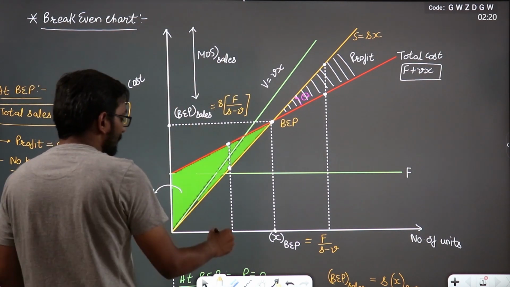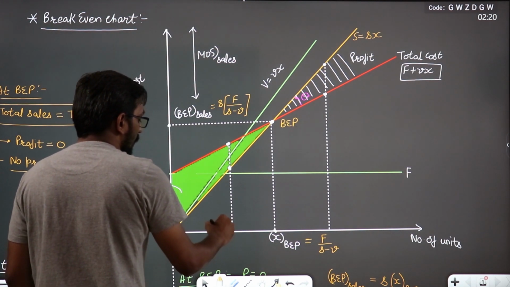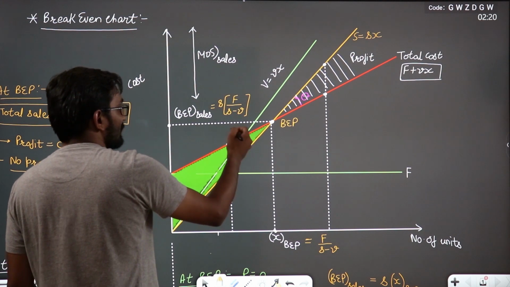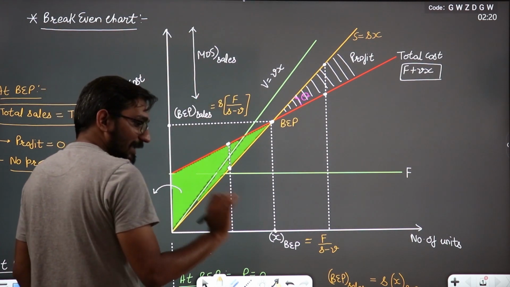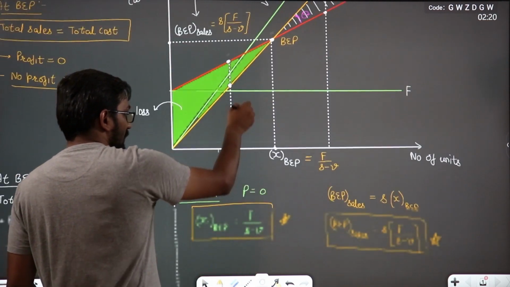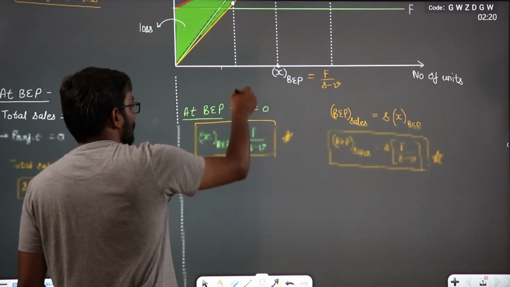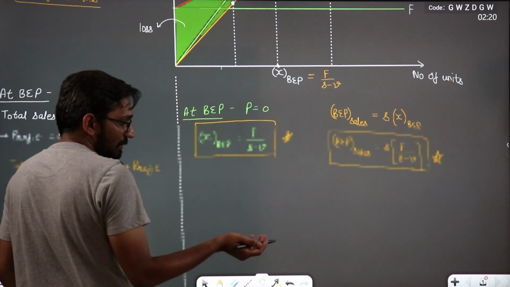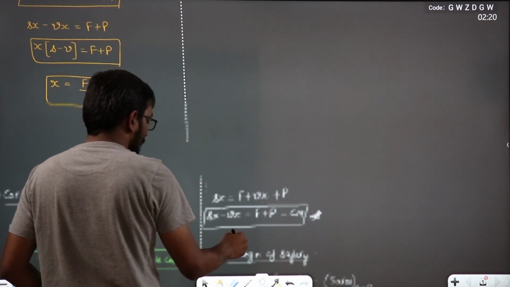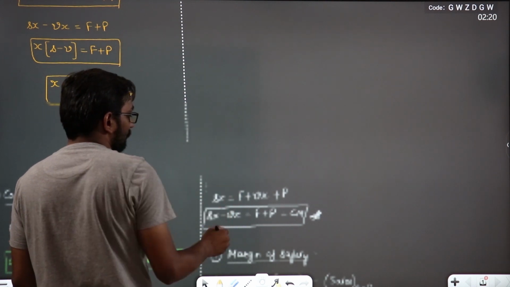So suppose at this X you want to find out, it will be equal to sales at this point minus sales at break-even point. Simple thing: you find the sales at any production X minus the sales at break-even point, which you already calculated. So this will be the margin of safety.